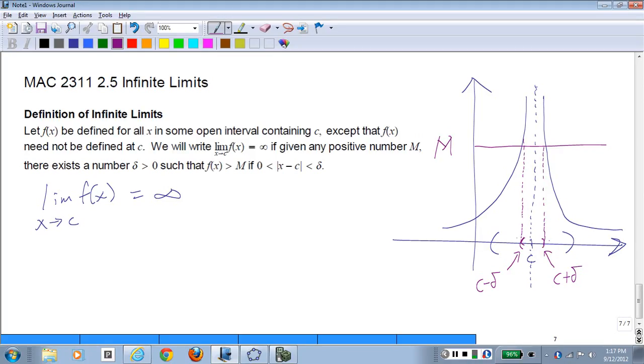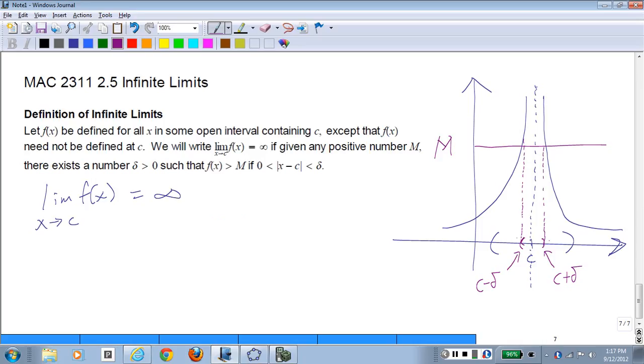Now, let me try to be as clear as possible. To say that the limit equals infinity is not to say that the limit exists. Our definition of what it means for a limit to exist is that it has to equal a real number. It has to equal L, where L is positive or negative or 0, but not go off to infinity. Writing infinity is just being a little bit more specific than DNE.